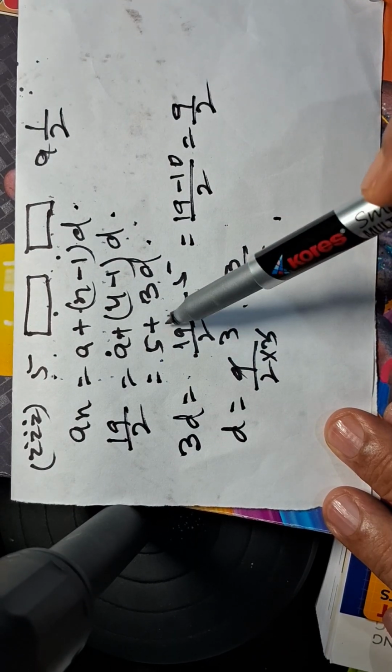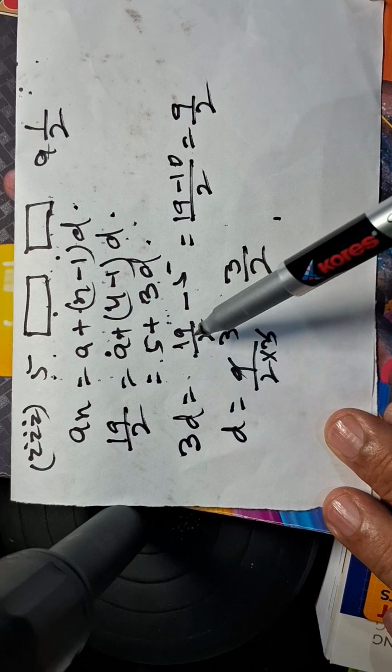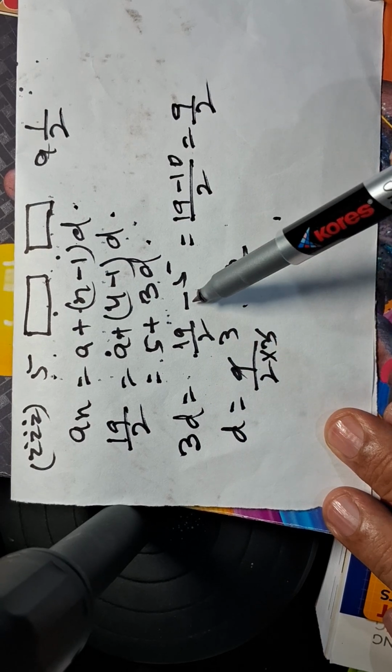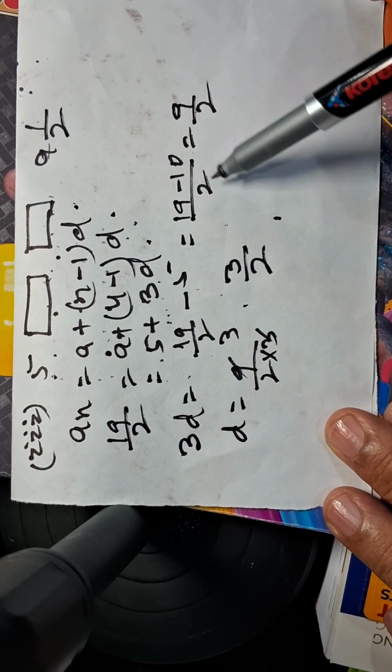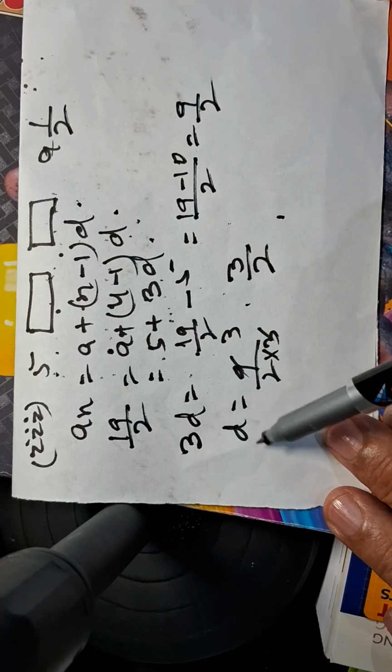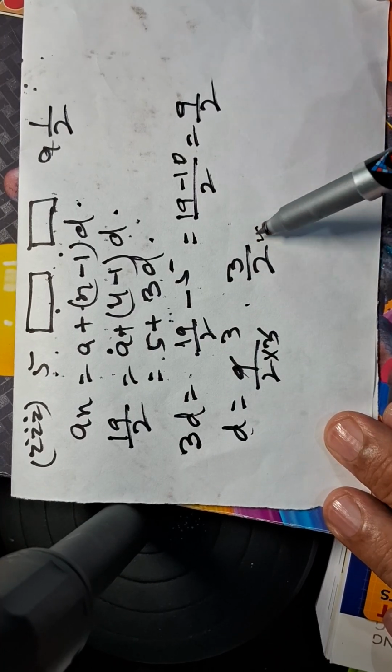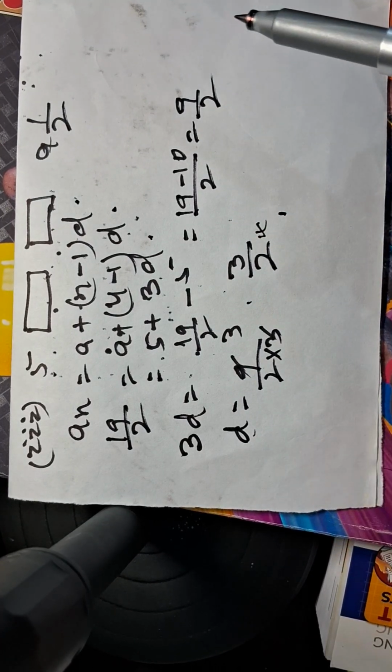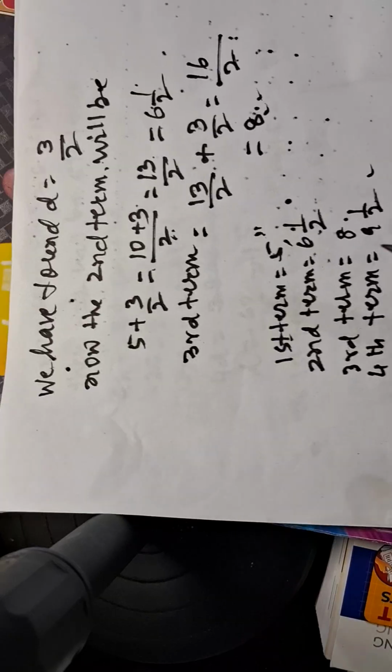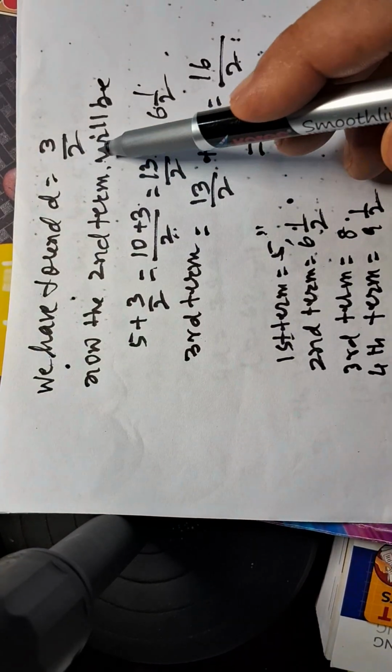First term is 5, so 5 plus 3d. 3d is equal to 19 by 2 minus 5, that is (19 minus 10) by 2, 9 by 2. Finally, d is 3 by 2. We have found d is equal to 3 by 2.